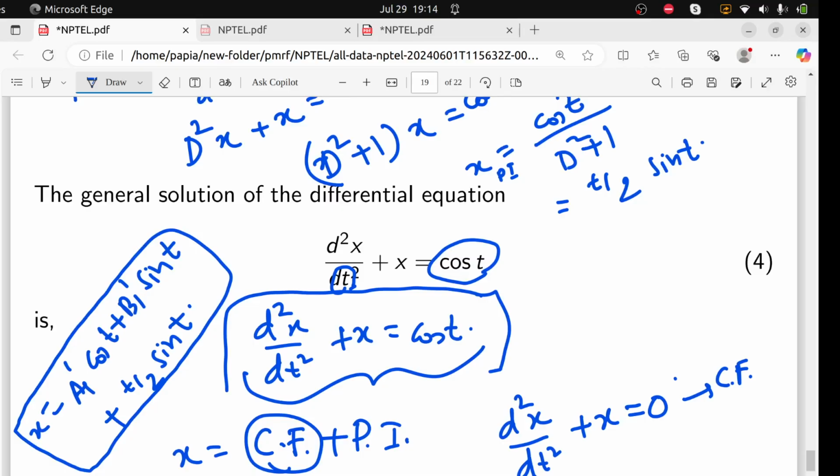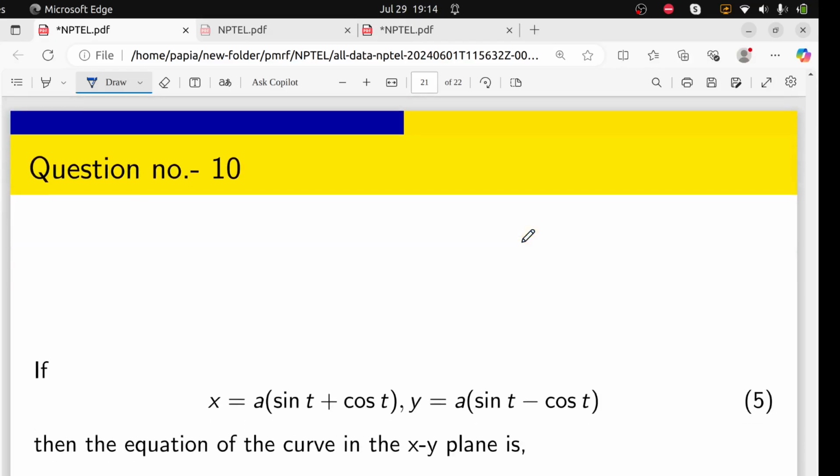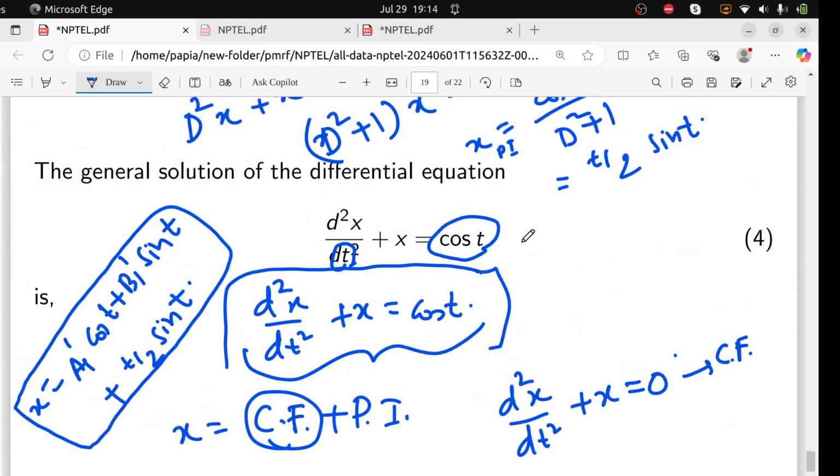Is it fine? Please ensure that it is fine, or otherwise I can't go for the next question. It's fine, or should I explain a little bit?